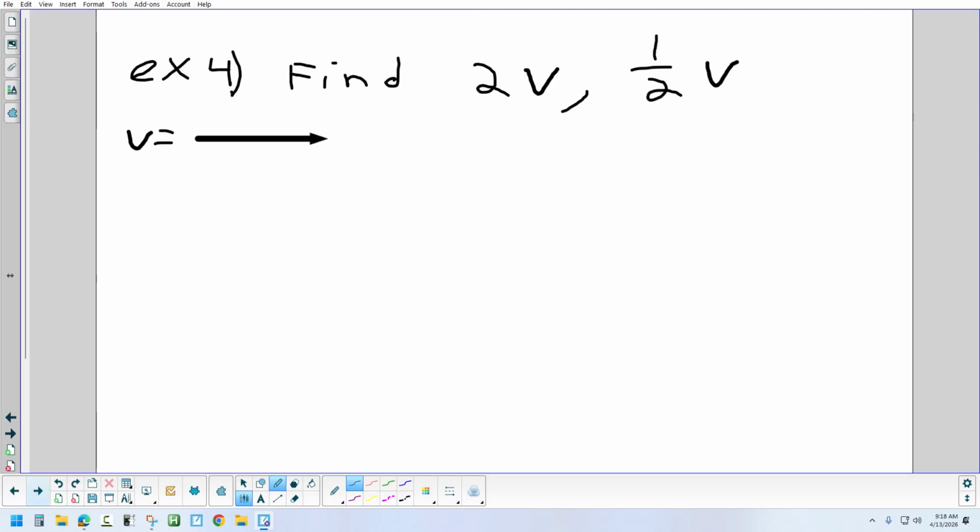All right. So now they want us to find two scalar products, 2v and 1/2 v. How can I find 2v exactly?